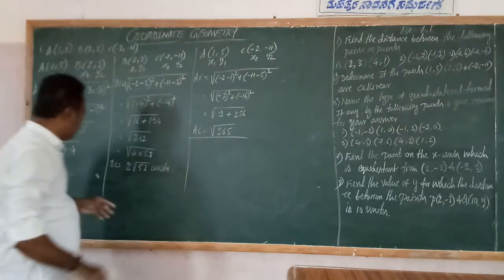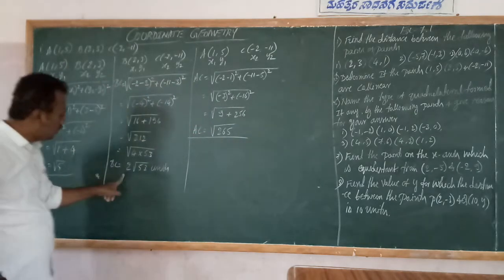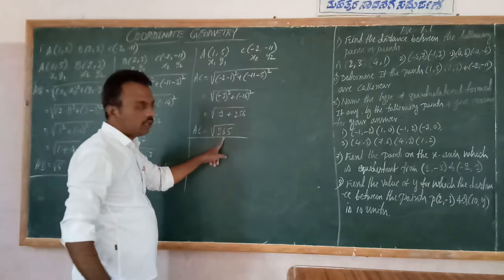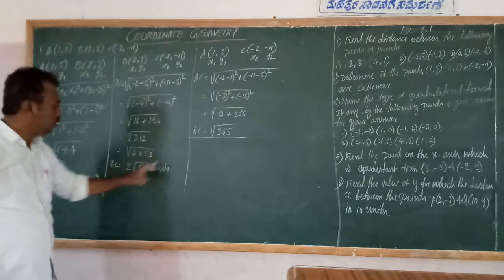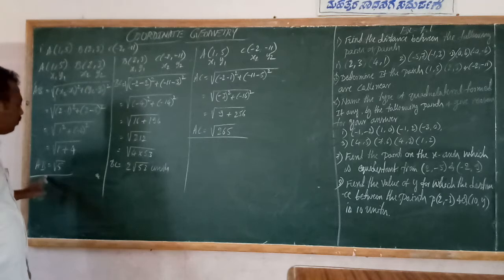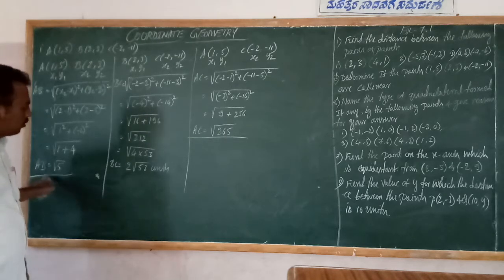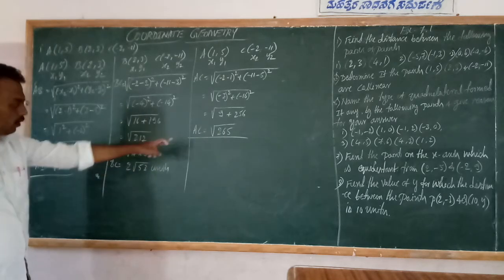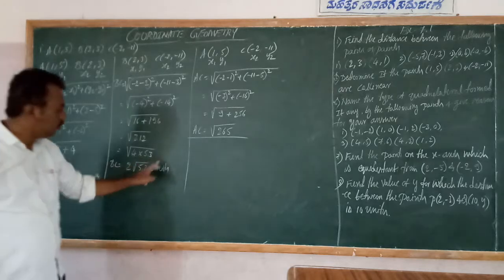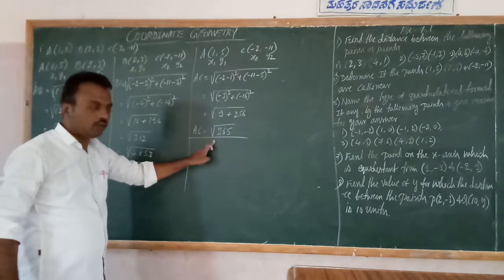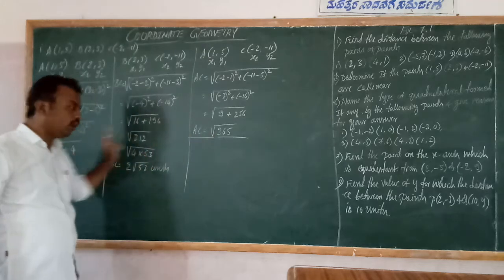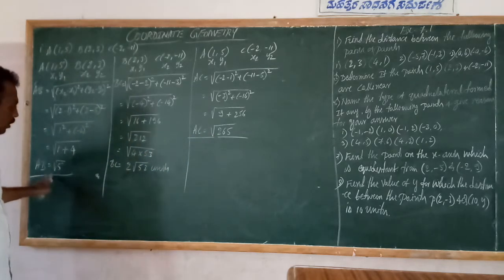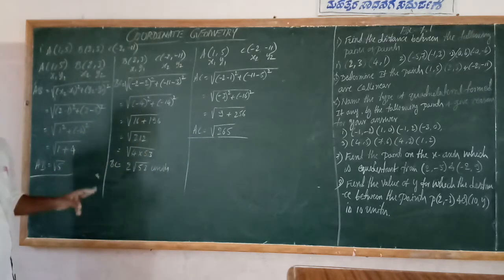See students, AB is root 5, BC is 2 root 53 and AC is root 265. Can the sum of any two sides equal the third side? Root 53 and root 5, it cannot add up. The sum is not equal to the third length. If you sum any two of these lengths, it will not equal the third. That's why these are non-collinear points.